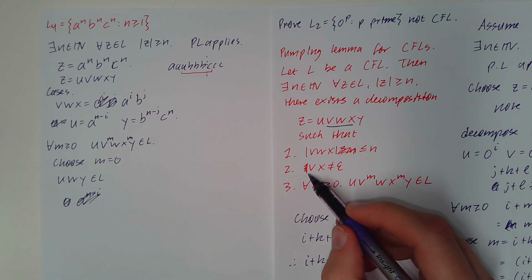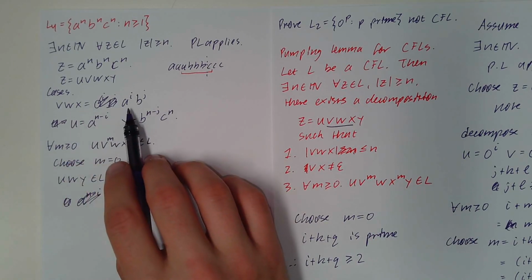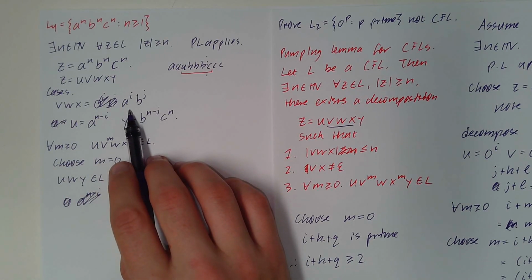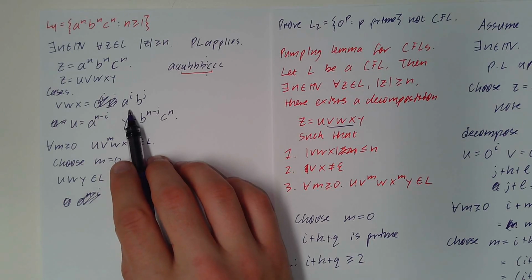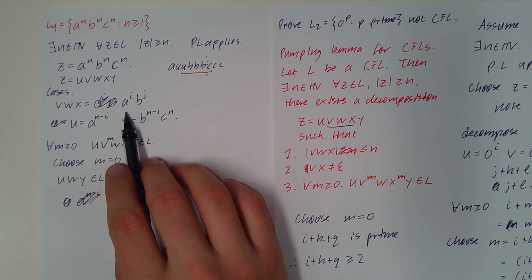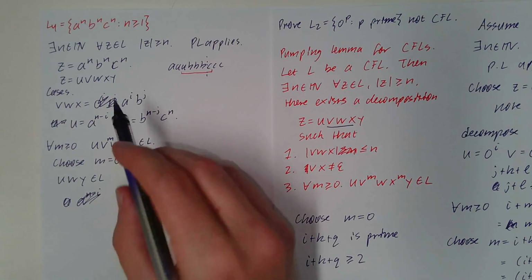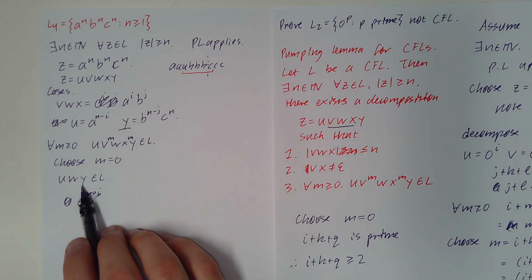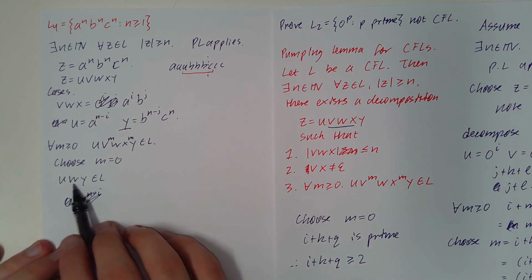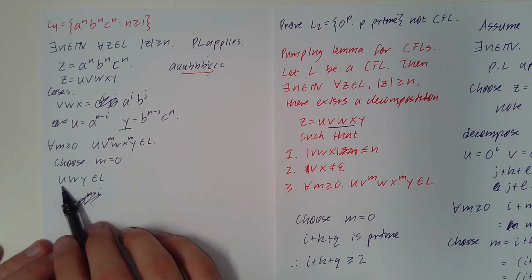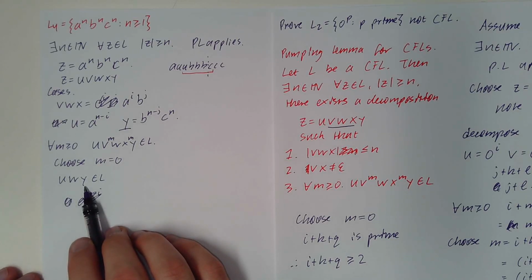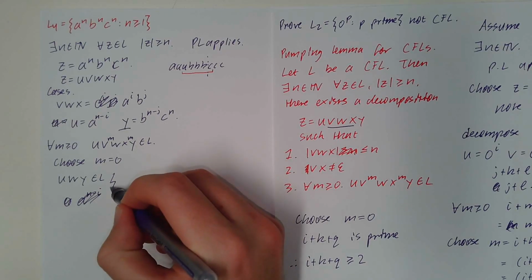Which means when we deleted the v and the x, we lost at least one A, or at least one B, or possibly more than that. But this string here is going to have the same number of C's in it because all of the C's are inside the string y, and y didn't get modified. So this string is going to have exactly n many C's, but it's going to have either fewer than n many A's or fewer than n many B's. So in either case, that's going to give us a contradiction.